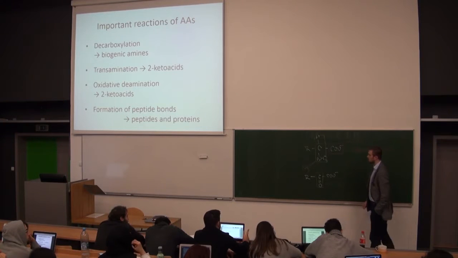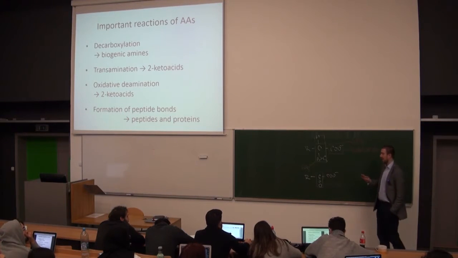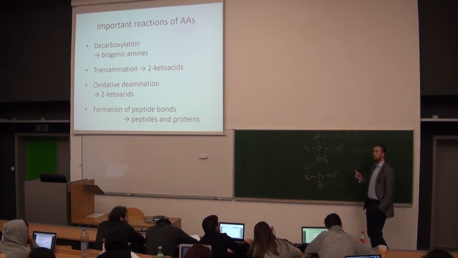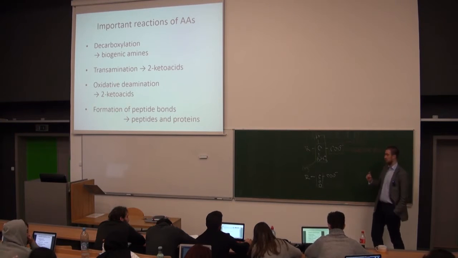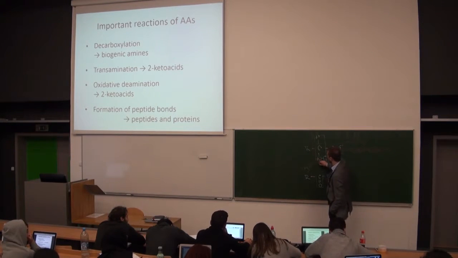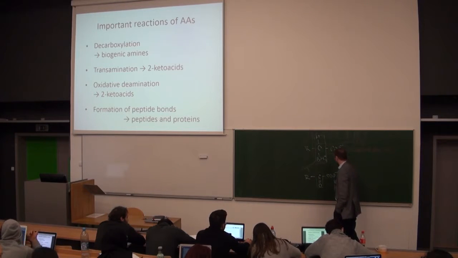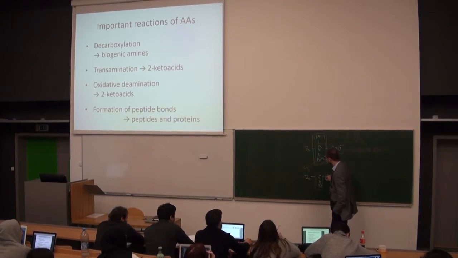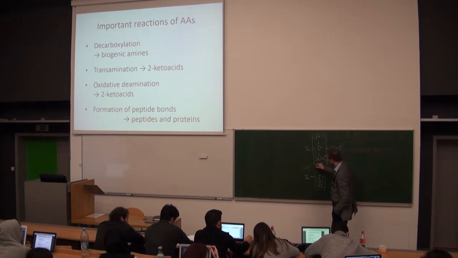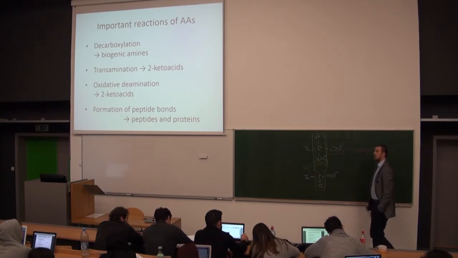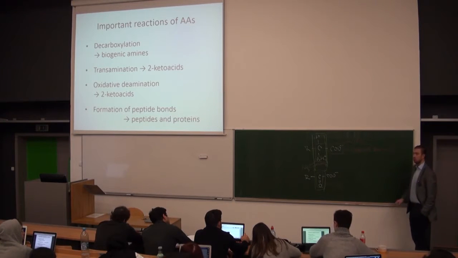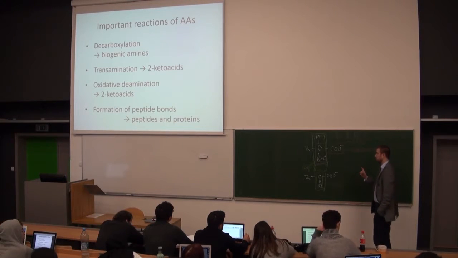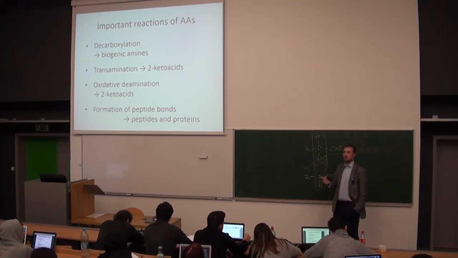That gives a very similar result as deamination, but for transamination you need the pair, amino acid and alpha keto acid. They only exchange the functional groups, so you remove no ammonia from the molecule.